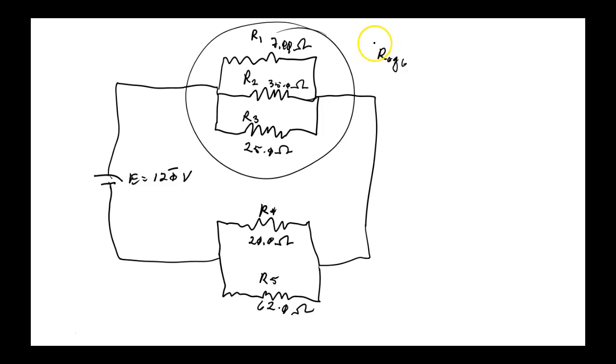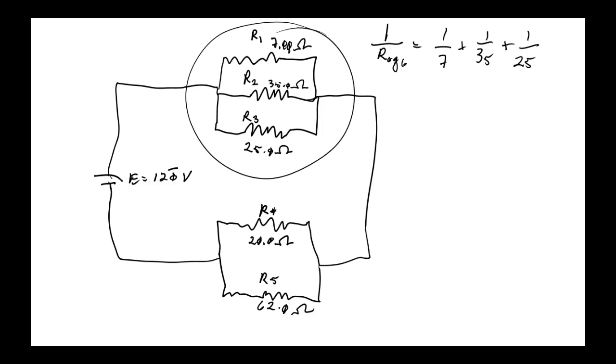And that would be 1 over REQ6 will be the sum of those reciprocals. 1 over 7, and for the purpose of your adding, you don't need to put all the point zeros, plus 1 over 35, plus 1 over 25, if I can read my writing. Okay? Those are all in ohms, so you see what the equivalent resistance of that parallel circuit is.